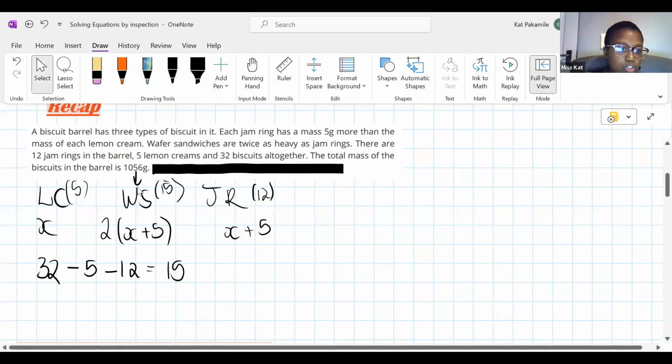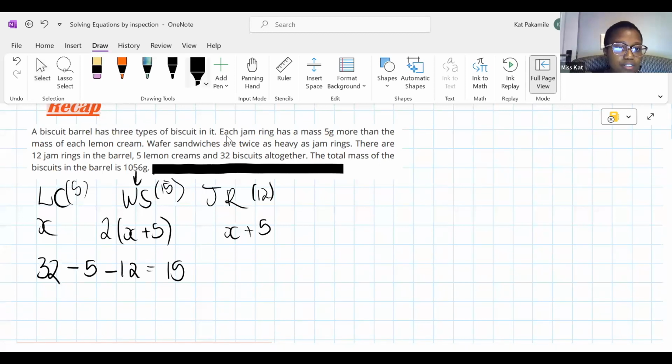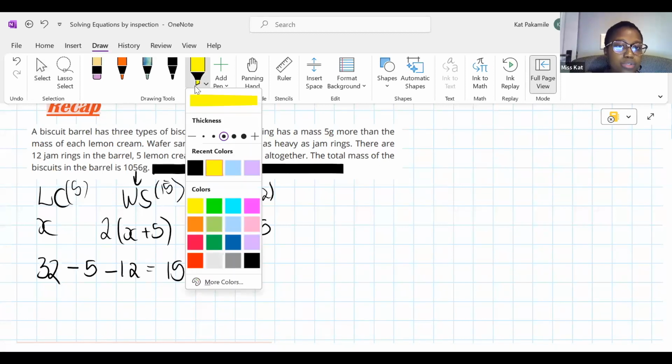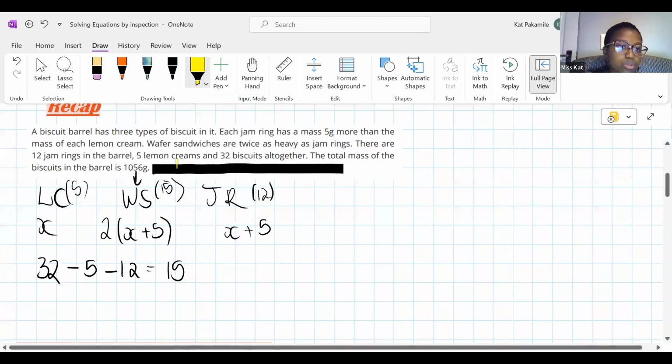wafer sandwiches. And what we have been told is in total, this barrel weighs 1,056 grams. That's the total of our barrel. So then you have to multiply the weight of 1 biscuit by how many there are in that barrel.